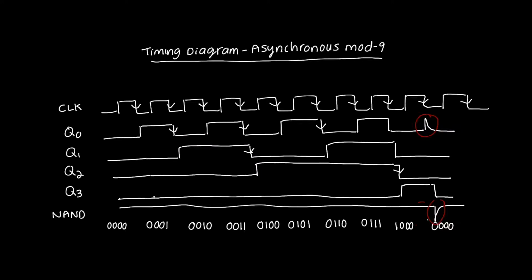And because Q0 is the clock for Q1, at the falling edge of Q0, again, we have that problem that after some slight delay, Q1 will go high. We see it again over here. It doesn't happen instantaneously. And it turns out this delay is just given by the propagation delay of the flip-flop.